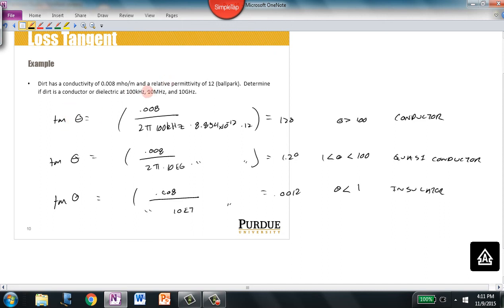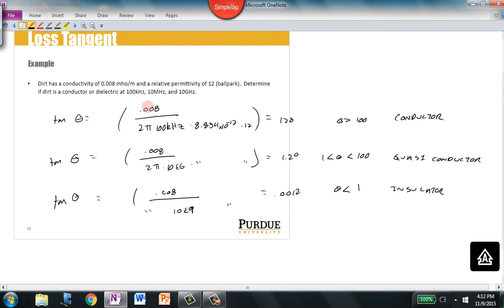And so to do that, what we need to do is calculate the loss tangent. So the tan theta is just sigma divided by omega epsilon. What I've done here in all three of these equations is I've put in sigma, which is just 0.008, the conductivity. In the denominator, I've got omega, which is 2 pi f, so 2 pi times 100 kilohertz, 2 pi times 10 megahertz, 2 pi times 10 gigahertz down here.